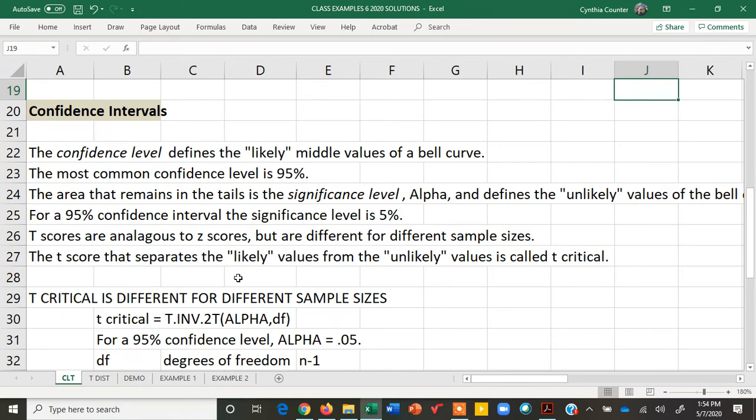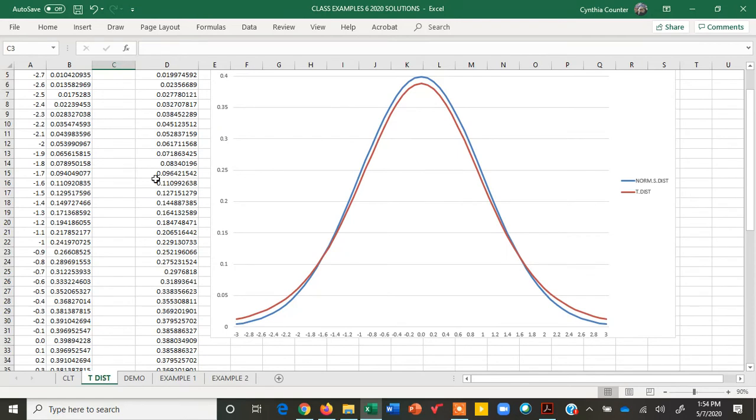And we need to find t-scores for the likely value. So we look for that t-score that separates the middle 95% from the values in the tails.